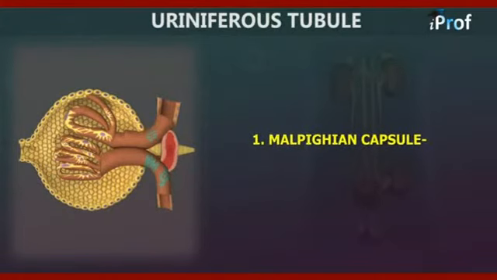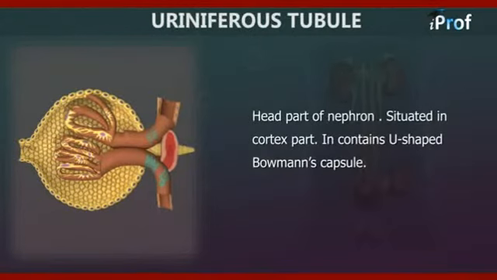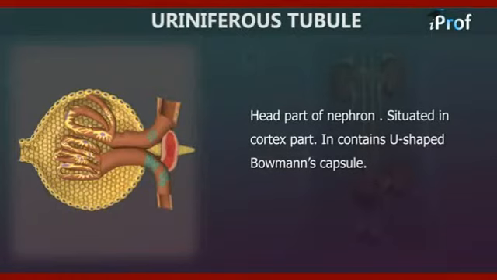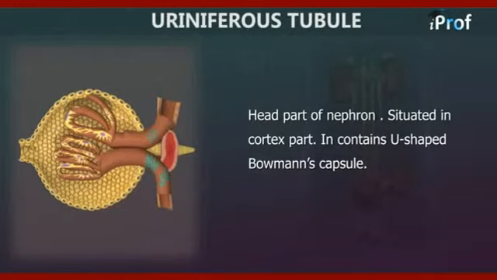Malpighian capsule, head part of nephron, situated in cortex part. It contains U-shaped Bowman's capsule.